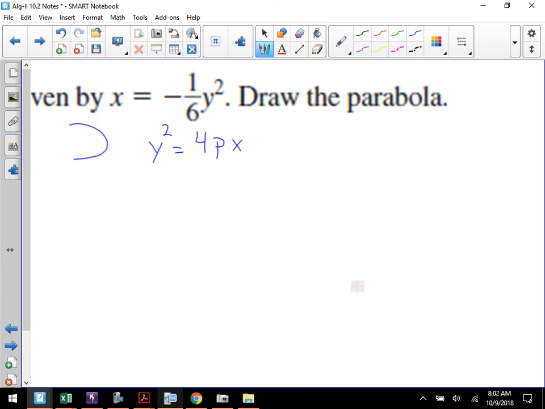Which means, what do I have to do? What do I have to get by itself here? I want the y squared, right? Not just y. I'm just going to get the y squared by itself. How do I move that negative 1/6 times? So you wind up with y squared equals negative 6x.